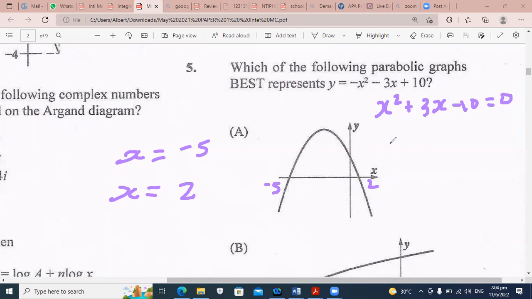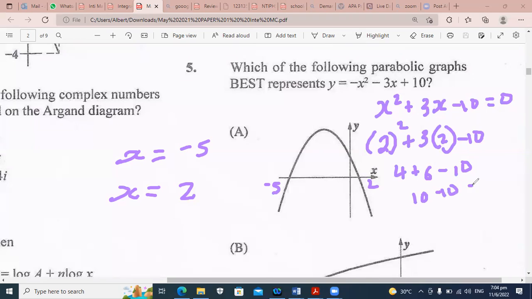So let's put 2 into this. 2 squared plus 3 times 2 subtract 10. 2 squared is 4, 3 times 2 is 6, subtract 10. What's 4 plus 6? 10. What's 10 minus 10? 0. So we notice that if you put the roots back into the original equation, you'll always get 0.